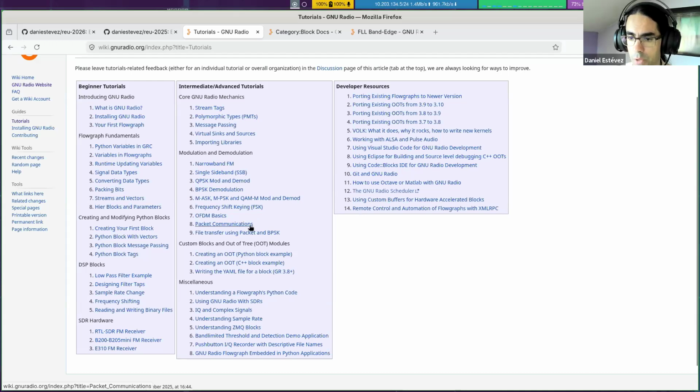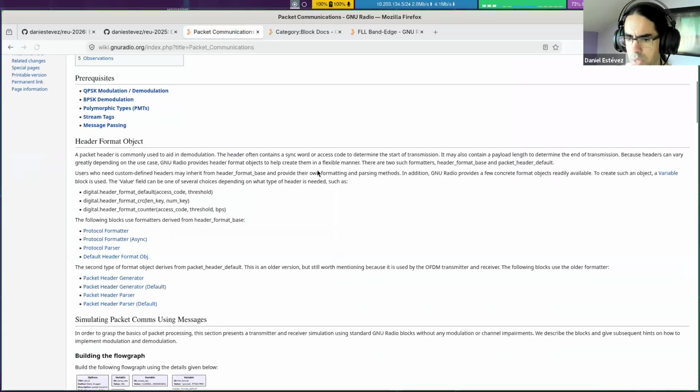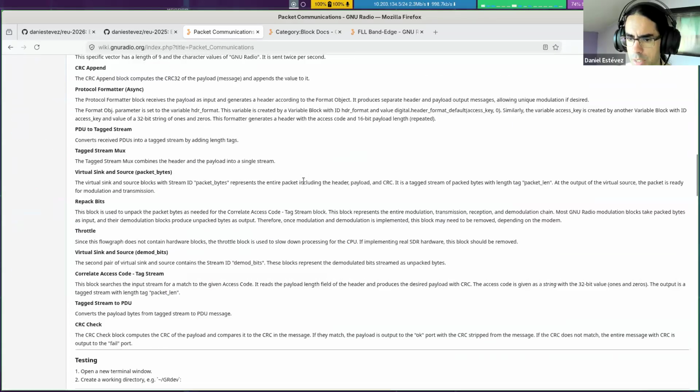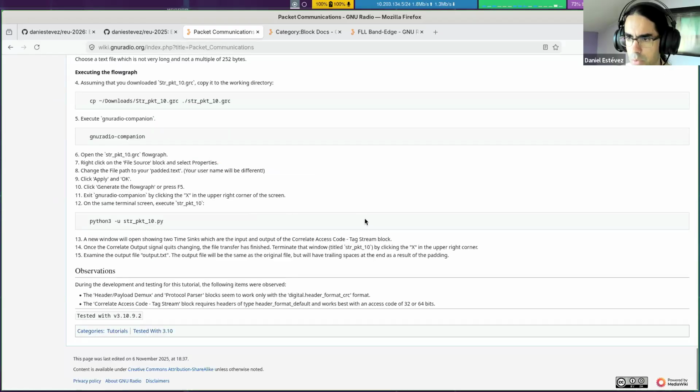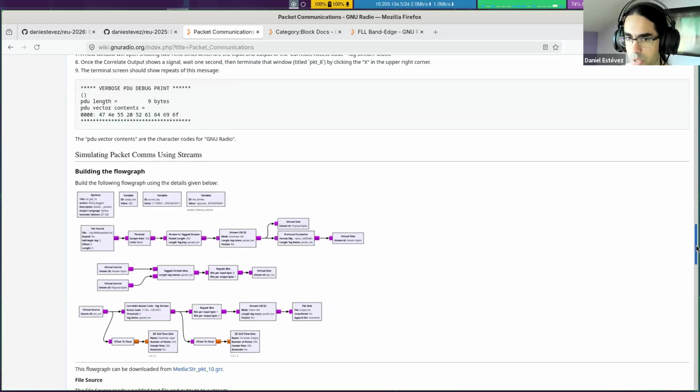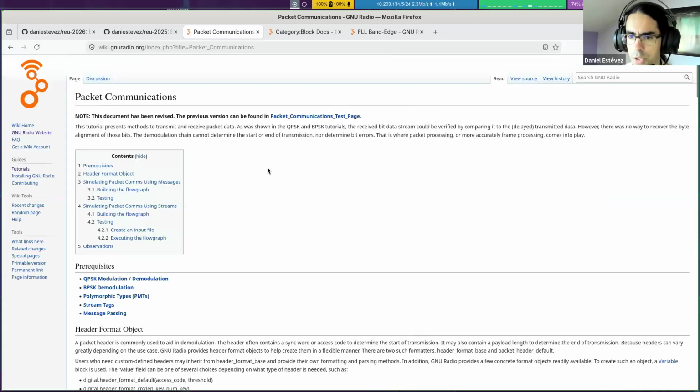For example, if you go here into packet communications, it tells you how to build a complete radio which is sending data packets. And here you have the code, all the examples. So yeah, great documentation, and this is continuously improving. There are people working on this all the time.